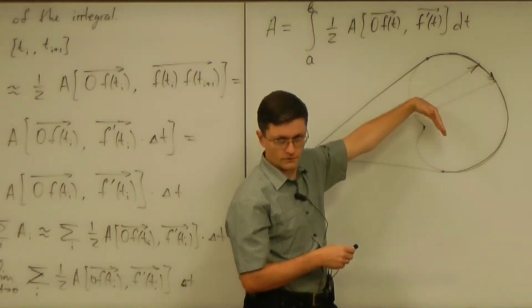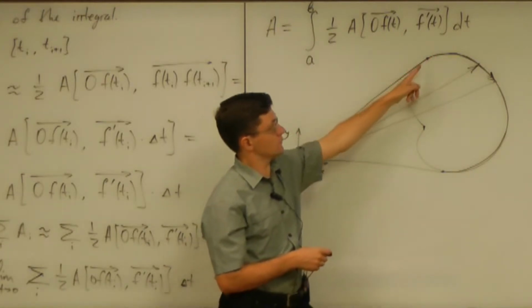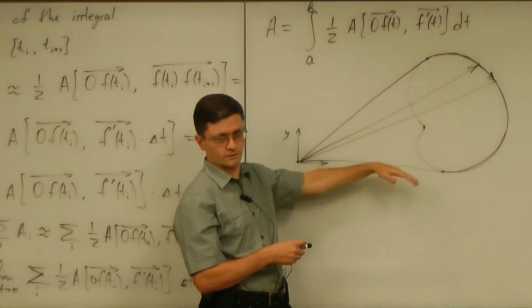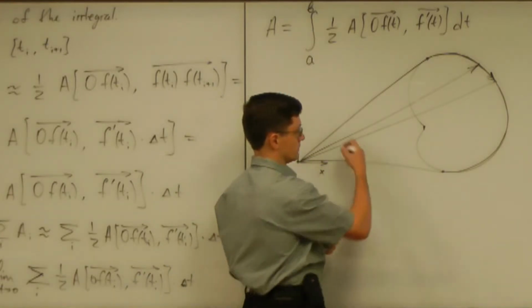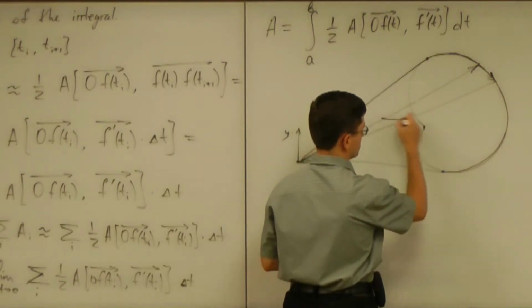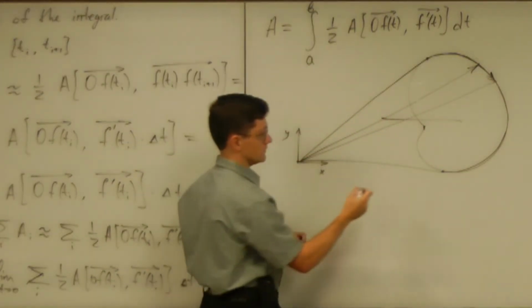So it is negative. So what this formula says is that it computes the area of that large sector negatively. So the large sector will have negative contribution. Big minus.